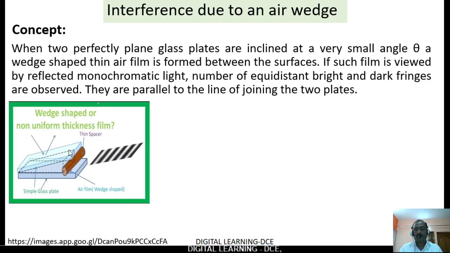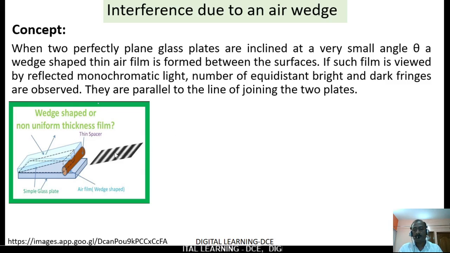Here in this diagram, these are the two plane glass plates. Then the wedge shape arises between the two glass plates here. If such a film is viewed by reflected monochromatic light, a number of equidistant bright and dark fringes are observed.